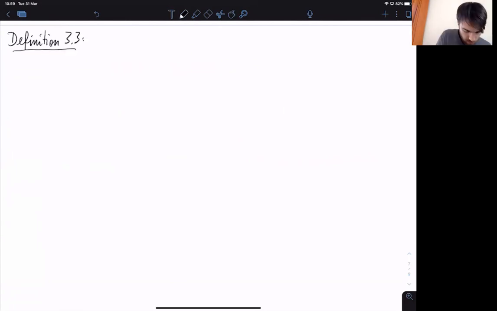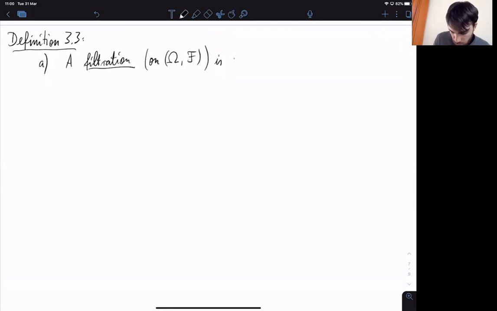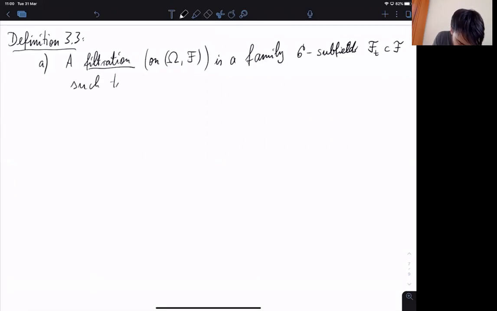A filtration on a measurable space is a family of sigma subfields F_t, which are subsets of the big F, such that if I have an s smaller than t, then F_s is contained in F_t.